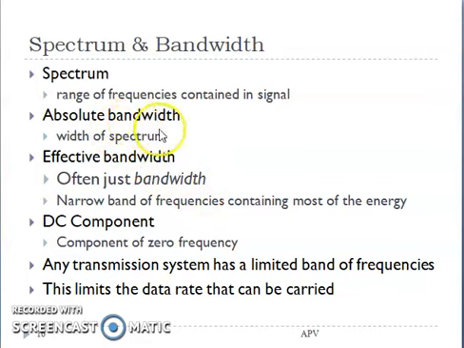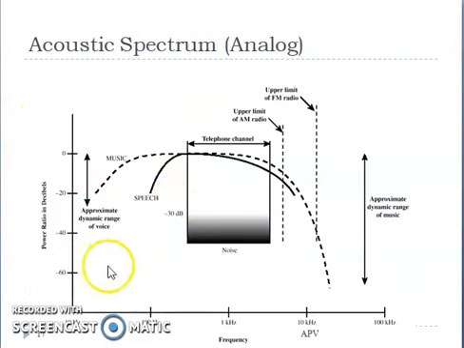The next parameter in the frequency domain representation is absolute bandwidth. Absolute bandwidth means the width of the spectrum where the signal is represented. Consider an analog acoustic spectrum which spreads from 10 Hz to 100 kHz, where the speech spectrum ranges from 100 Hz to about 10 kHz.